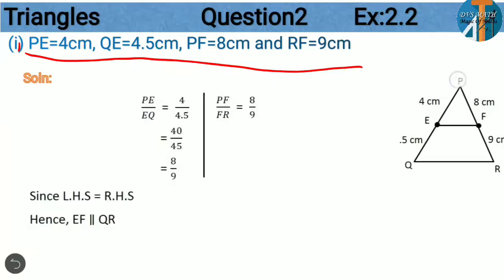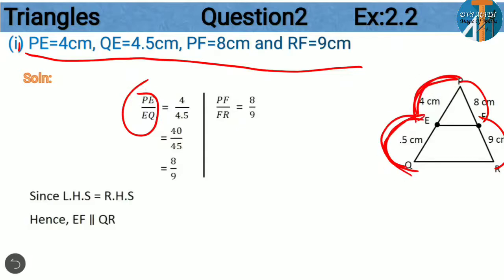You can observe PE is 4, and EQ or QE you can consider the same. Here you have to take the corresponding sides in the same ratio. So first take PE by EQ, that is 4 by 4.5, and PF by FR, that is 8 by 9.